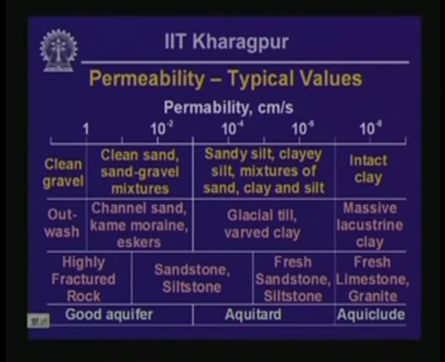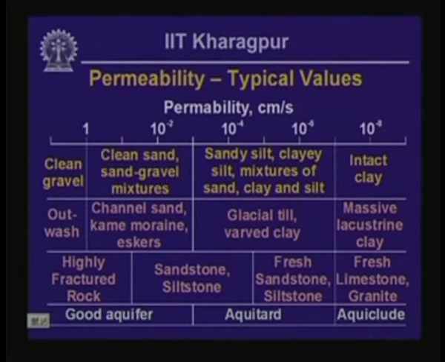It is obvious that if you have got clean gravel, the permeability is going to be much larger in comparison with an intact clay deposit. Clean gravels have got permeability in excess of 1 centimeter per second, whereas intact clay might have permeability as low as 10 to the power minus 9 centimeter per second.